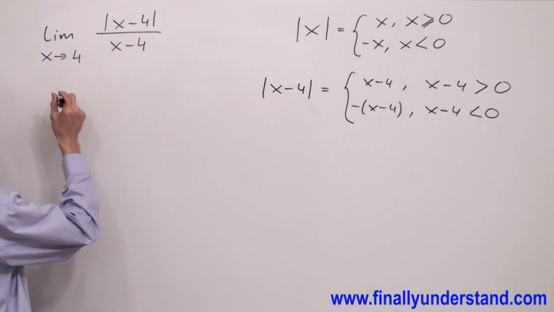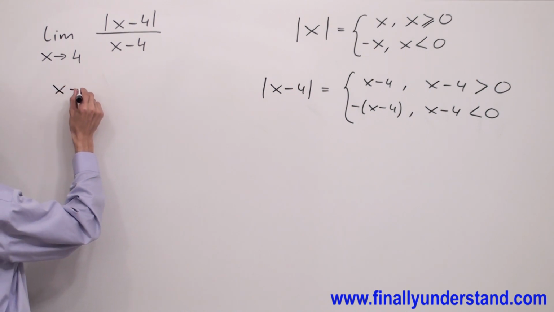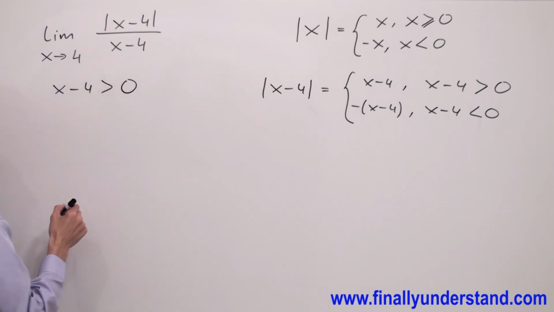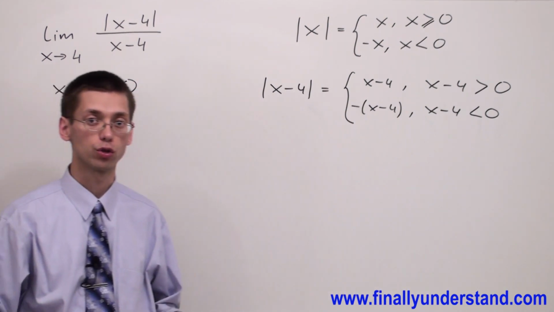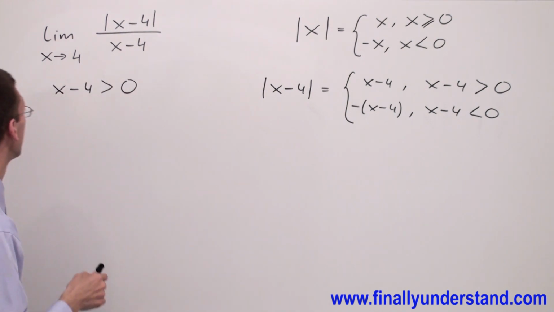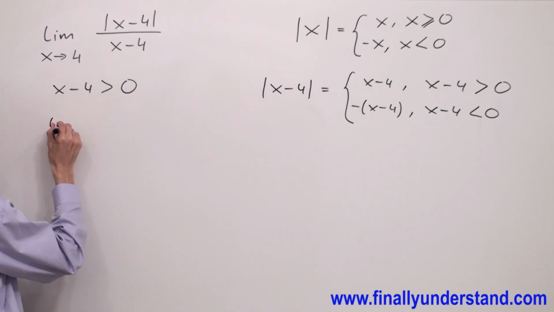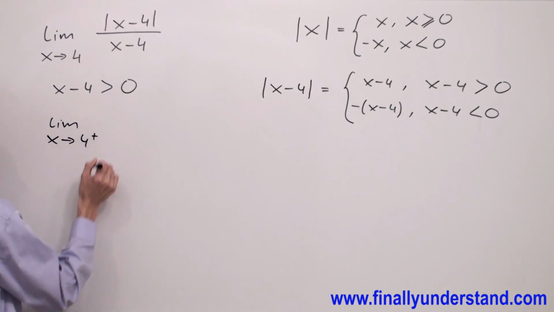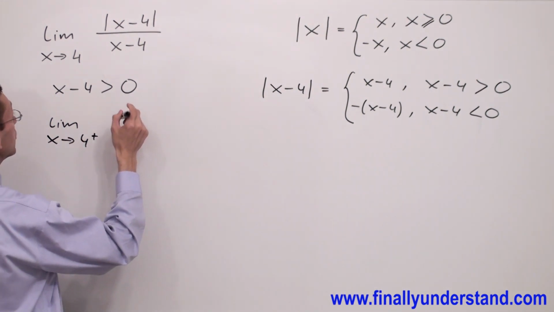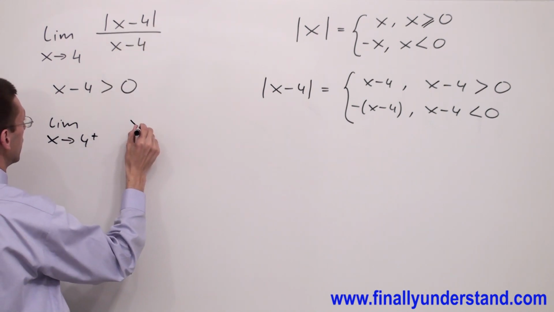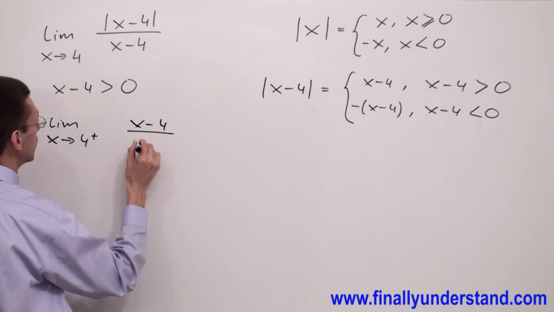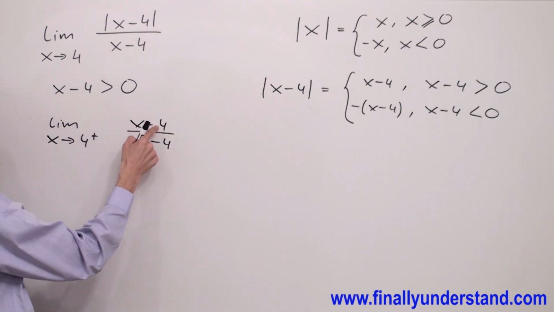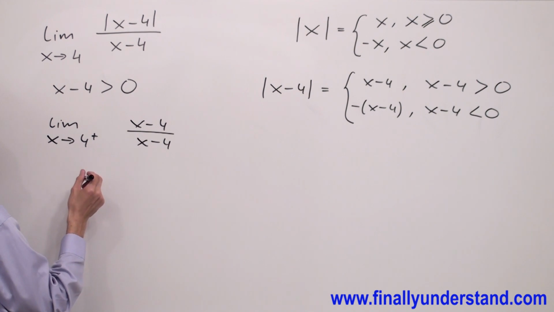For x minus 4 greater than 0, we're going to have a limit which approaches 4 from the right side. I have the limit as x approaches 4 from the right, and simply replace the absolute value by x minus 4, over x minus 4. x minus 4 over x minus 4 is equal to 1.